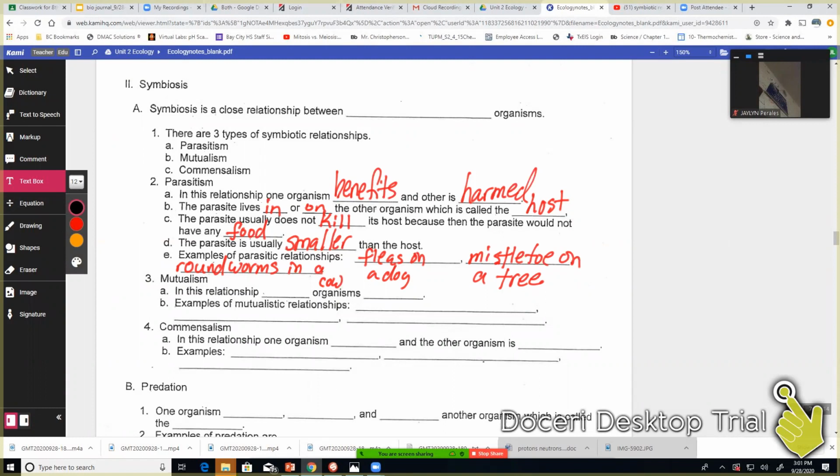All right, the next one is called mutualism. So just kind of like it sounds. They're both being helped. So in this relationship, both organisms benefit.